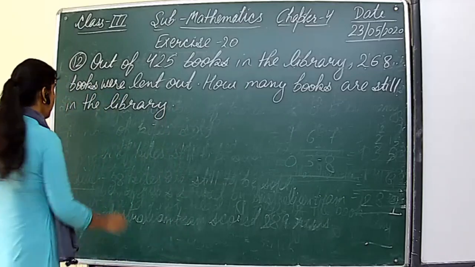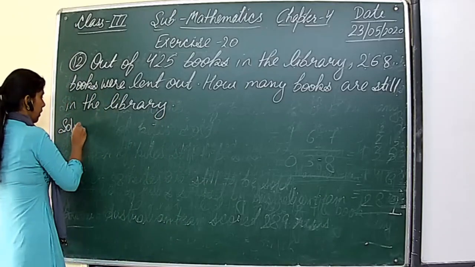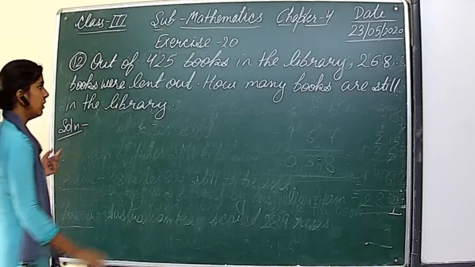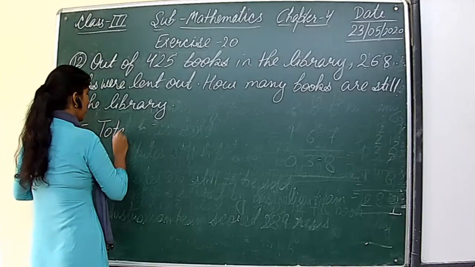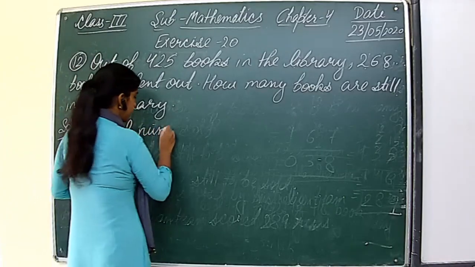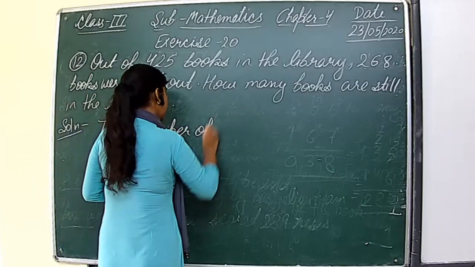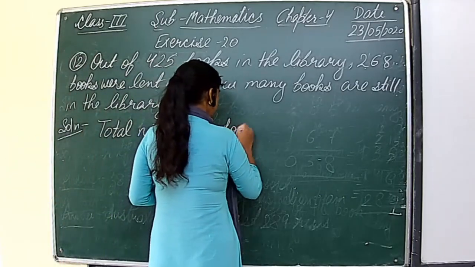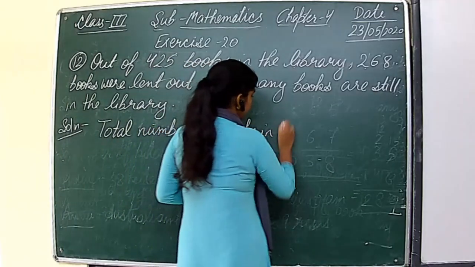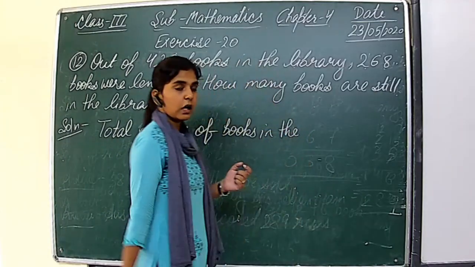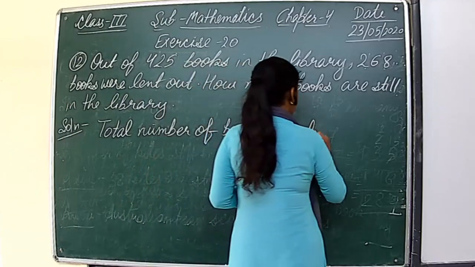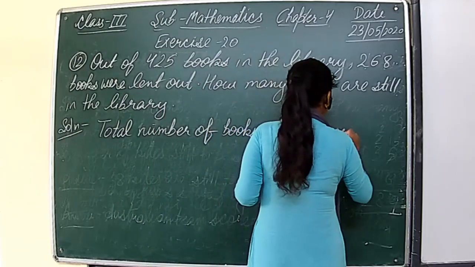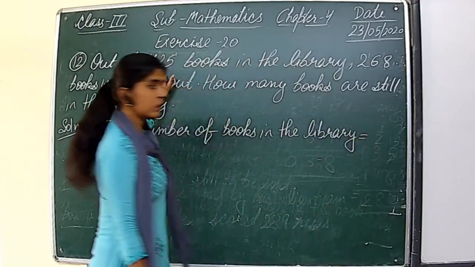Okay? So we will start the solution. Total number of books in the library is 425.